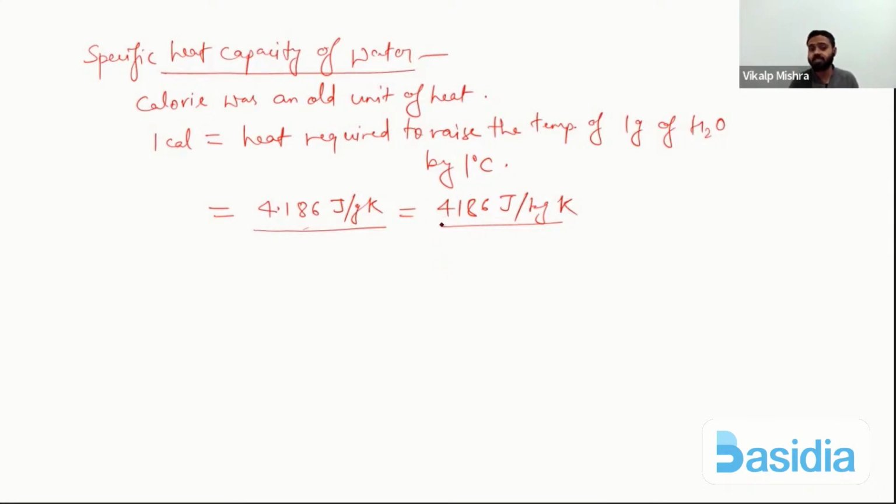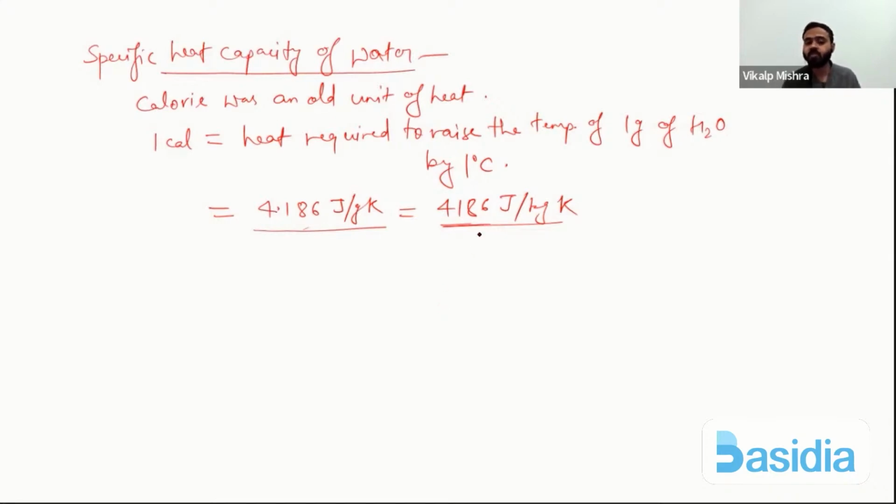So you can see this is a very high value in comparison to the specific heat of aluminum and copper. That's why we use water as the coolant in power plants and in different industries.